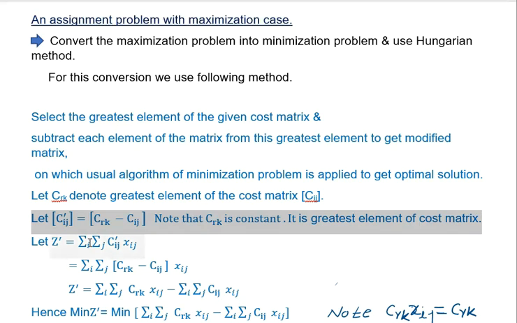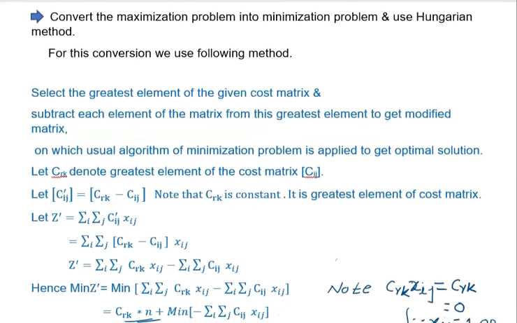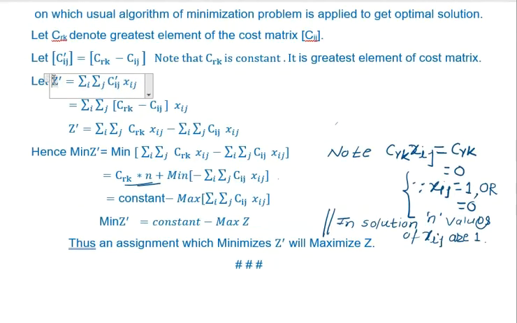So this is an element in the modified matrix, and let Z dash denote this sum of C dash ij into xij. So this is the mathematical formulation we have seen. We have seen in the mathematical formulation that using Hungarian method we minimize this cost.